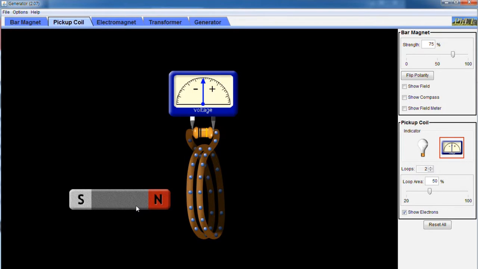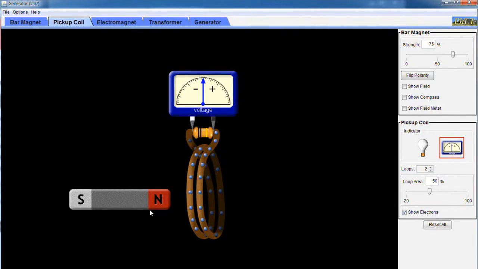One thing you have to remember is that positive and negative actually depend on how you connect the voltmeter. But the important thing is that when you move it closer or further away, the direction of the current, or the polarity of the voltage, was actually opposite.